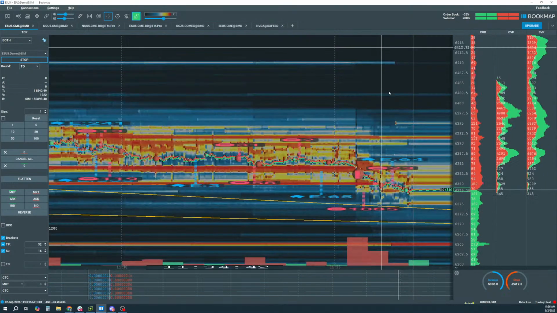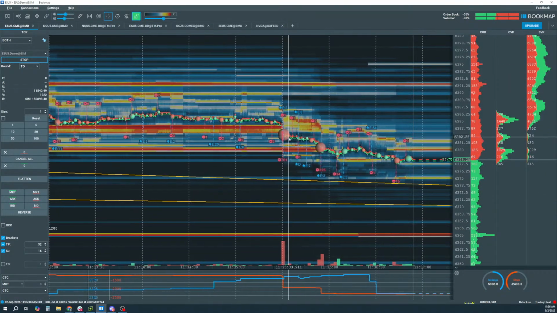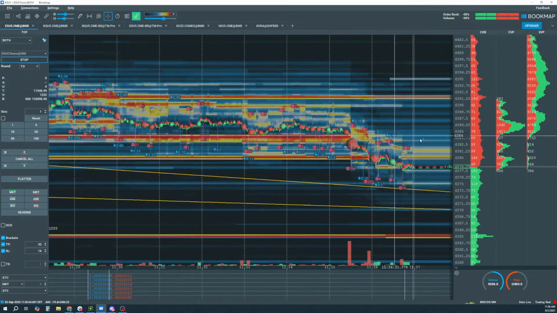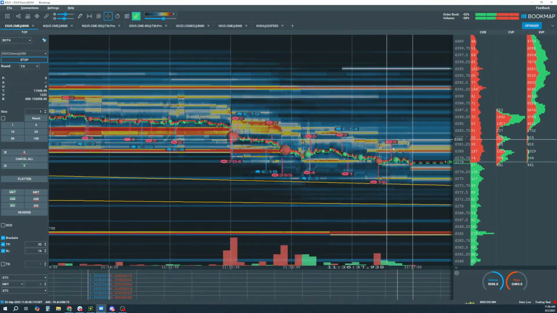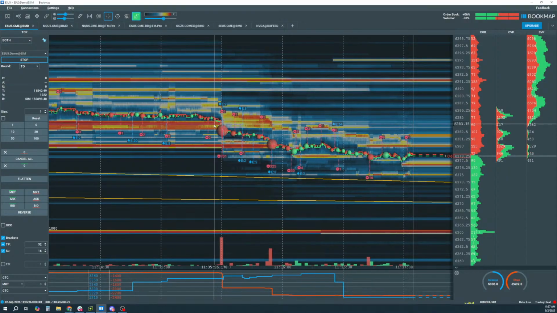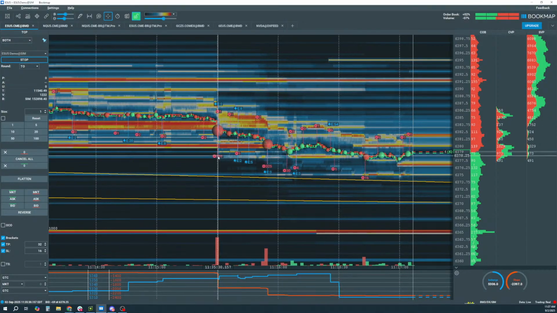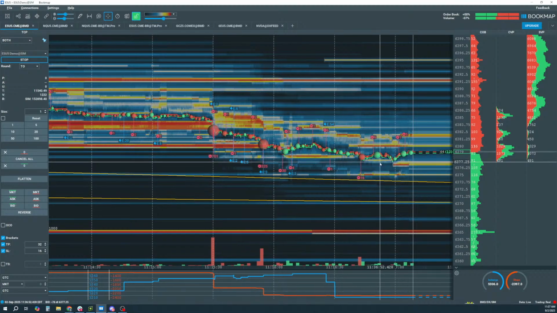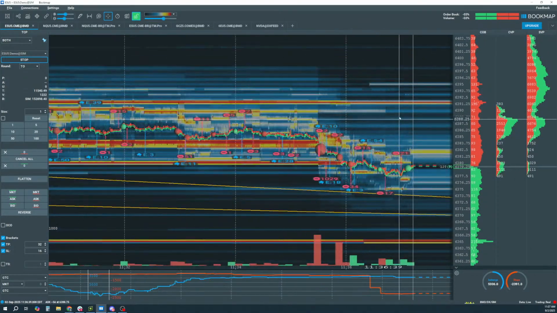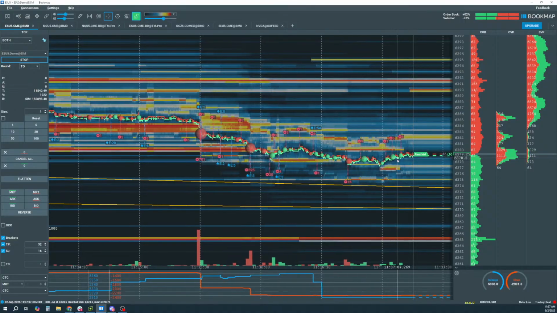But I'm looking for a pullback in here, or we could even get a potential reversal, because we do have some nice things in here. Very, very high liquidity, very big stop runs, and a move back into the range in here. Okay, so like this one, these guys in here.